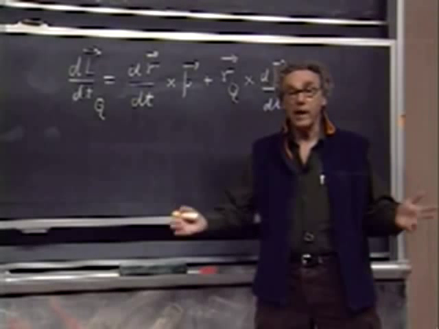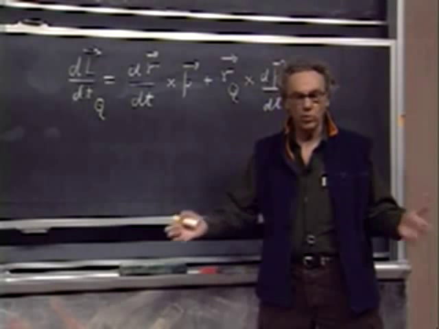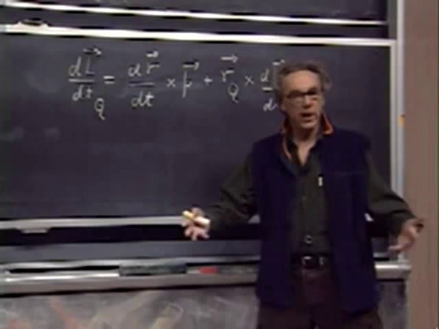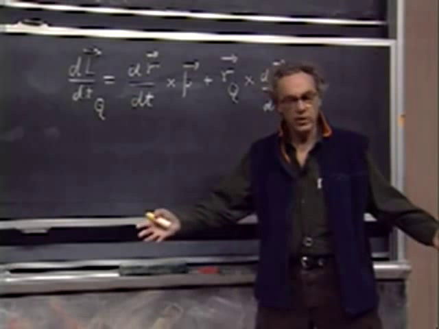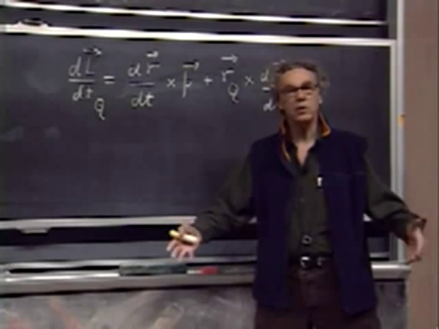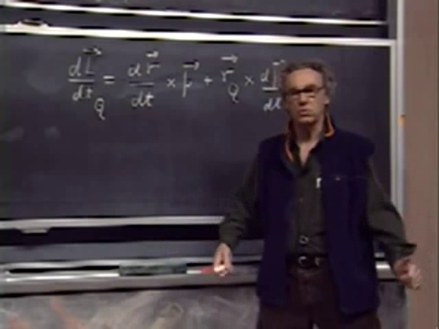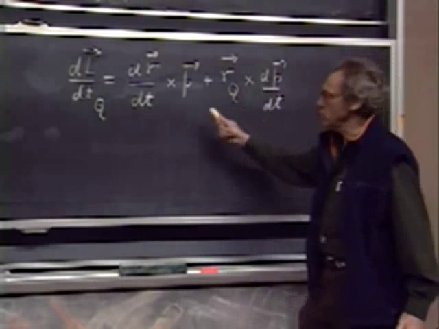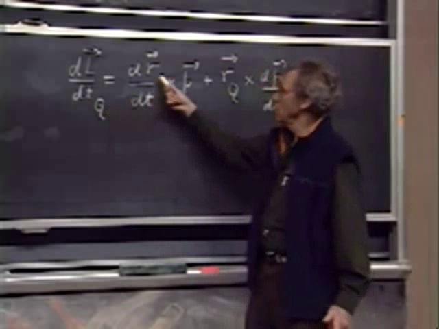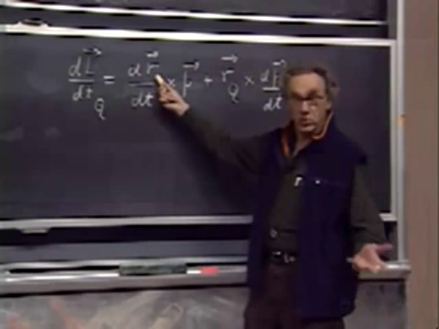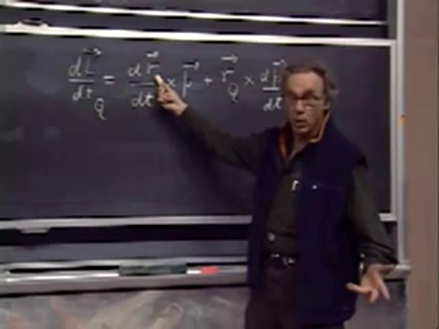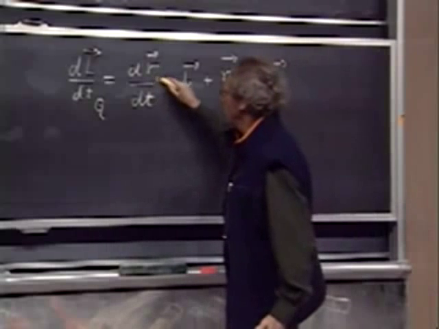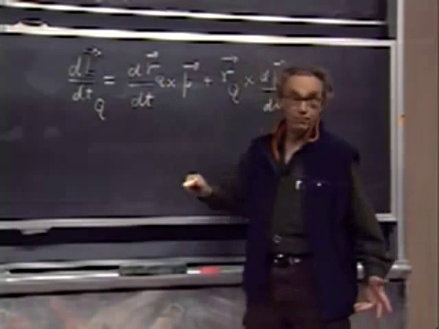We calculate the angular momentum relative to point Q, so the index has to be Q throughout the equation. The position vector is relative to point Q. And in this equation, you see the correct index Q here, you see the correct index Q here, but I slipped up here and I put a C there. There is no C in this problem, so this is also r of Q. Sorry for that.